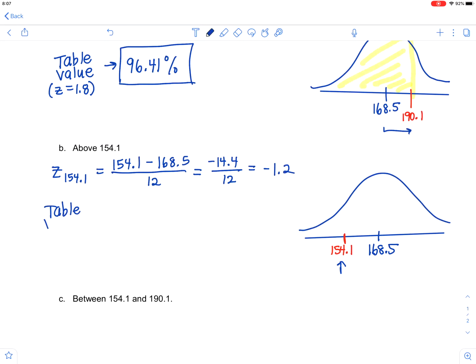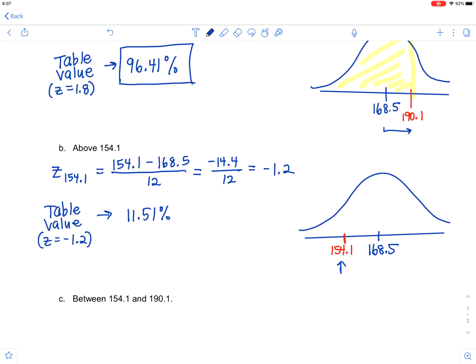If we look up our table value for z equals negative 1.2, we will get a table value of 11.51. So when z is negative 1.2, our table value is 11.51.